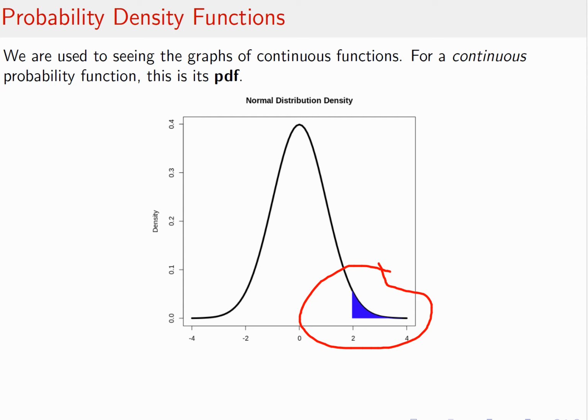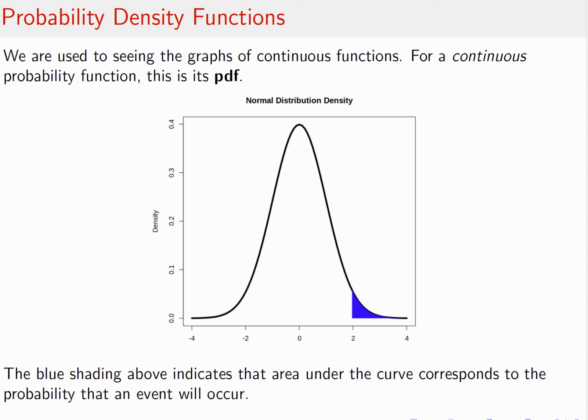Oh, an integral. So this is explaining some of the connections that we'll catch up with in statistics, but for a continuous probability density function, the area under the curve corresponds to a probability that an event will occur.